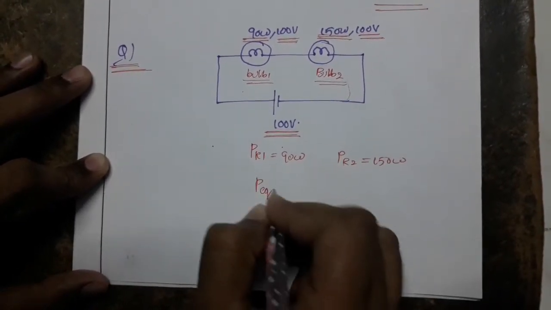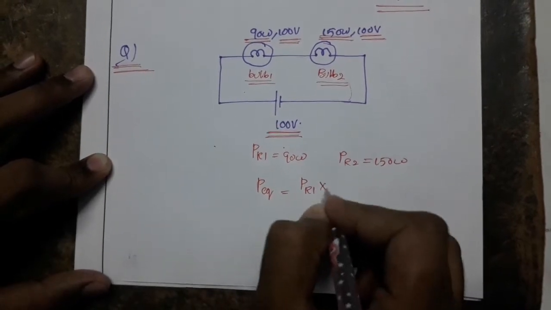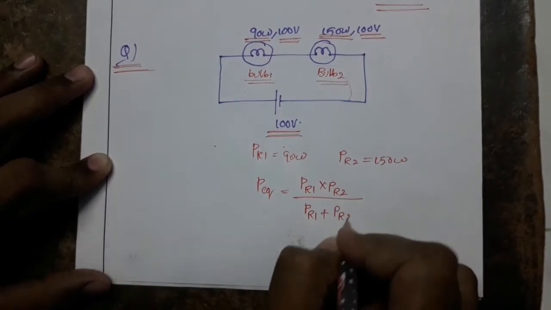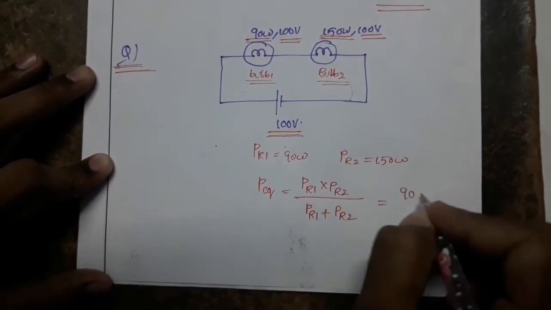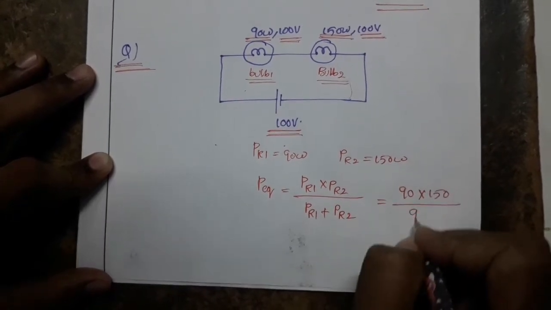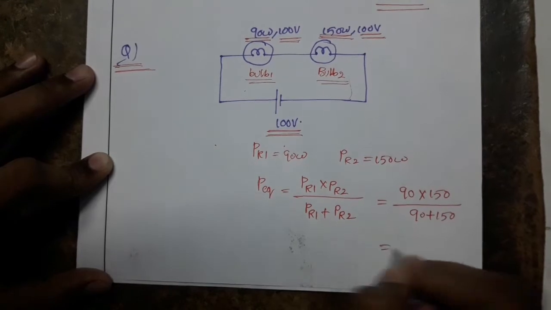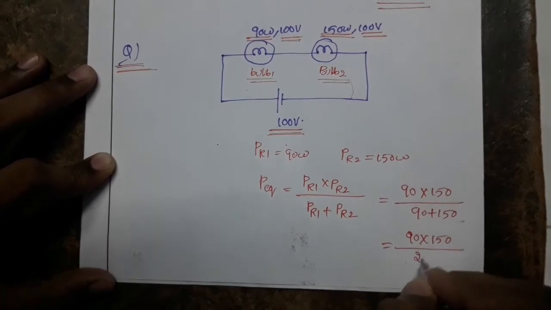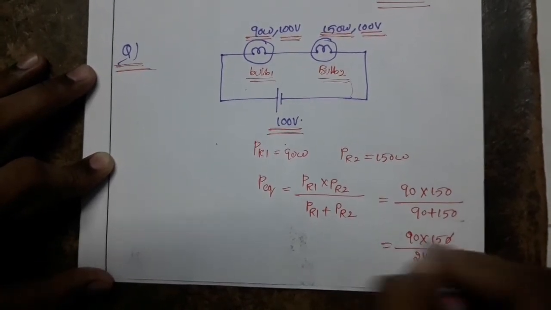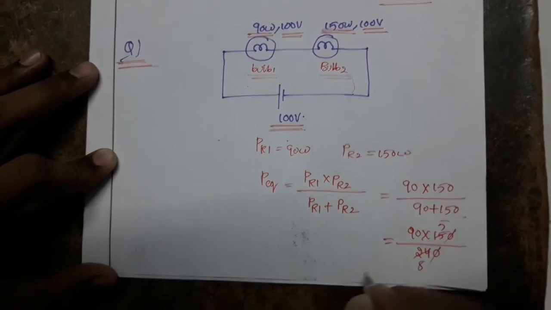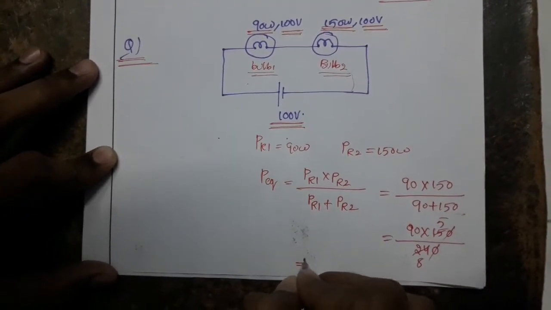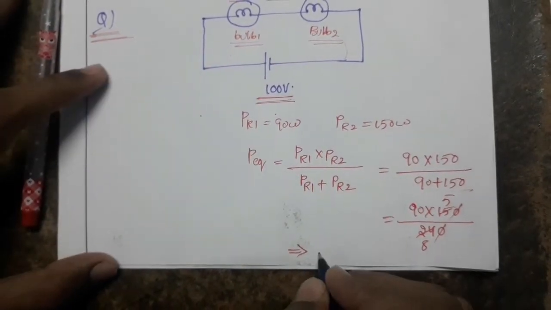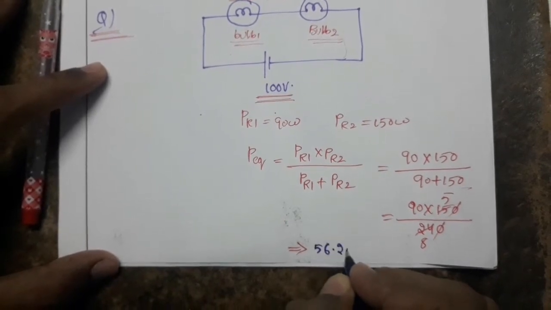Power equivalent when they are connected in series equals PR1 into PR2 divided by PR1 plus PR2, that is 90 into 150 divided by 90 plus 150, which is 240. By solving this, you will get 56.25 watts.